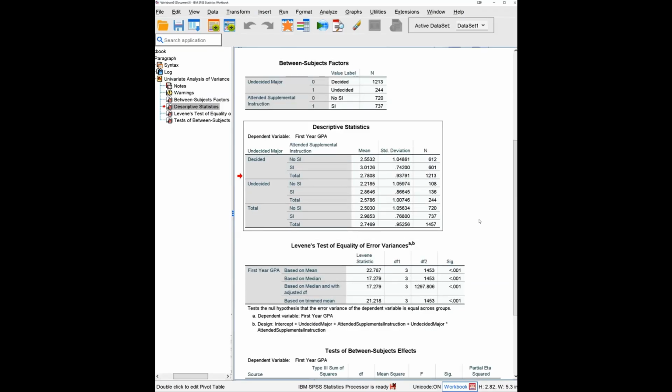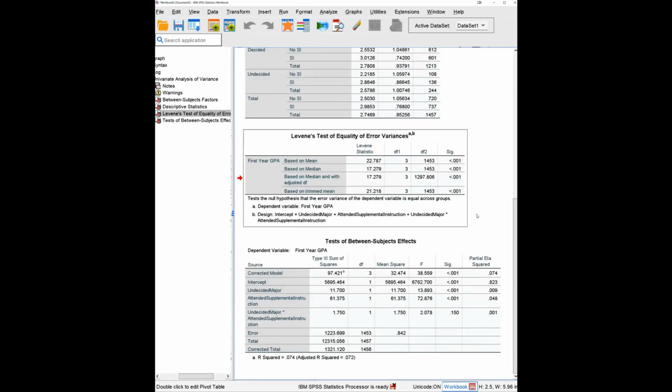The next table looks at our equality of error variances. I will come back to this. Now let's look at our analysis of variance test. After running the analysis, here's what we found. Students who entered undecided had significantly lower GPAs than those who declared a major. This is evident by the statistically significant marker here. Then we see that students who attended SI sessions had significantly higher GPAs per the p-value here.